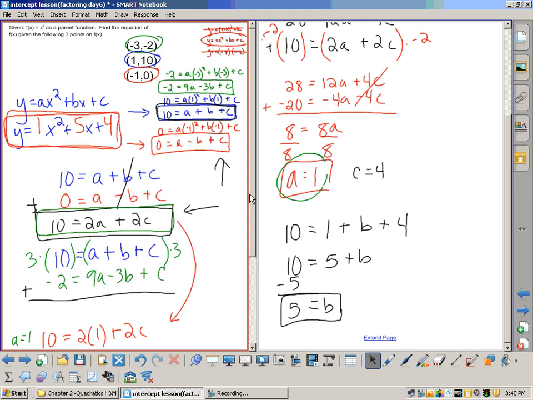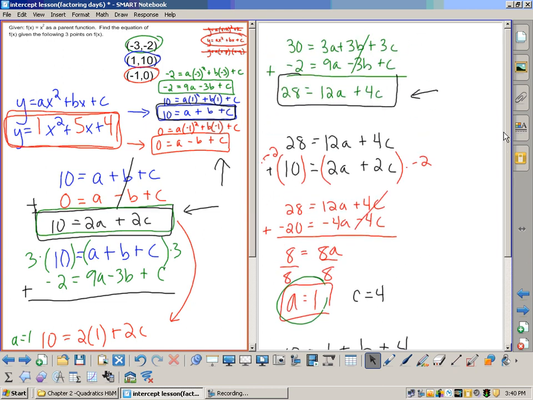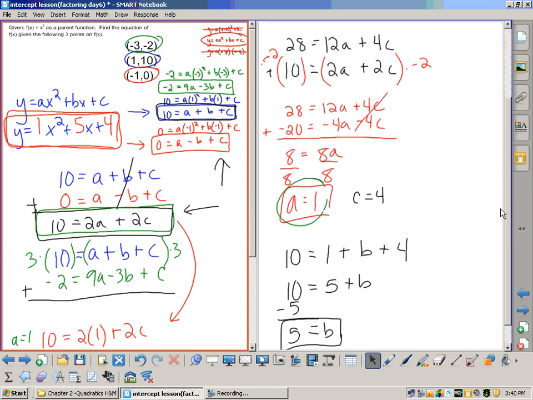But, wow, that was a lot of work. Do you guys want to see a little, not really a shortcut, but a way to check your work? I would still expect to see you solving for the equation, systems of equations, if you were given this on a test, but there is a way to check your work.